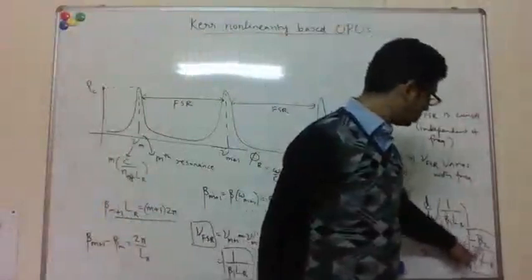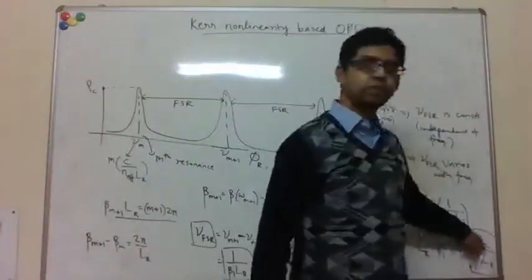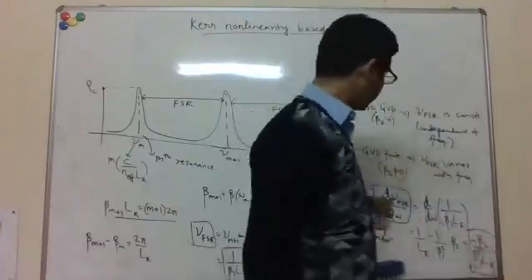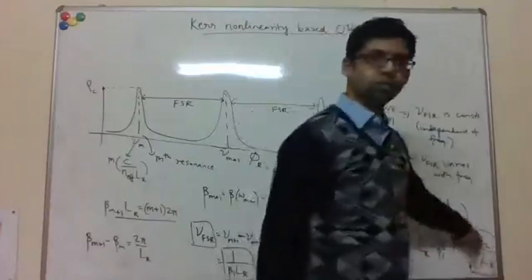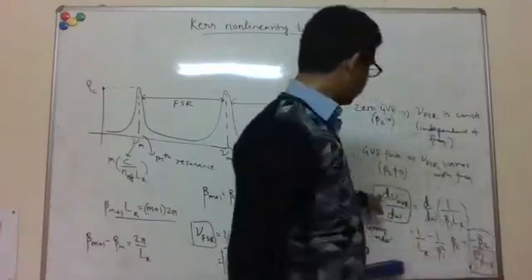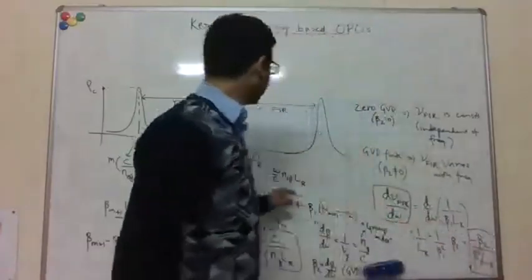Okay, and it also depends on the sign of beta 2. So if beta 2 is positive, then d nu FSR by d omega is negative. On the other hand, if beta 2 is negative, then d nu FSR by d omega is positive. Right? So what is d nu FSR by d omega?